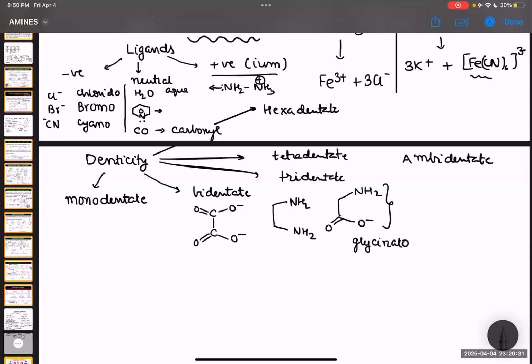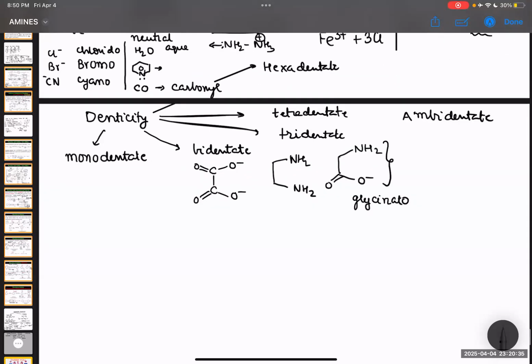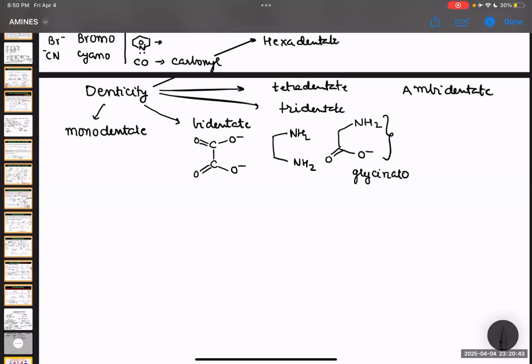These are bidentate ligands, very famous, very common bidentate ligands. Most common bidentate ligands. And when you have these bidentate ligands attached to a metal, what happens?